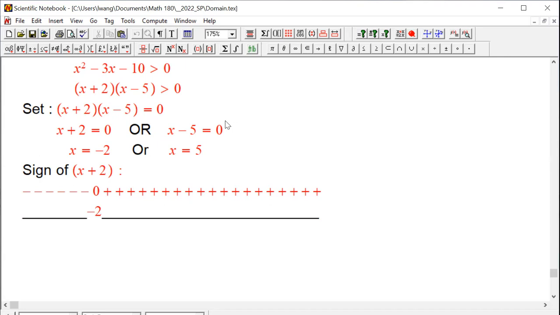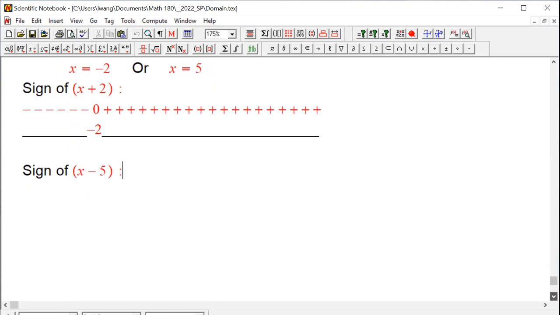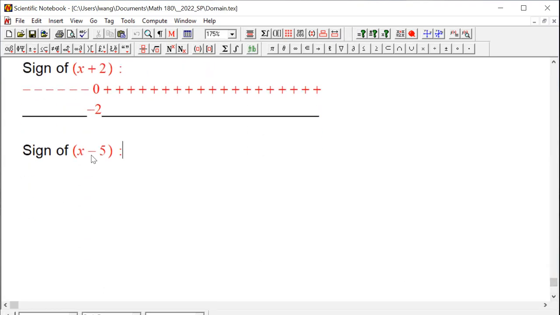So we do similarly for x minus 5. x minus 5 changes sign at 5. So here you put a 5. It doesn't have to be proportionally perfect; you just have to mark it properly.